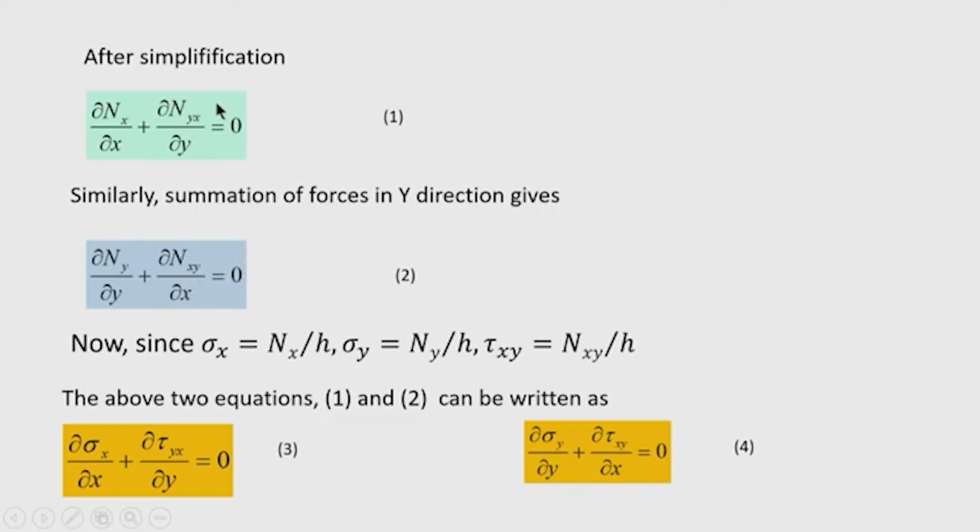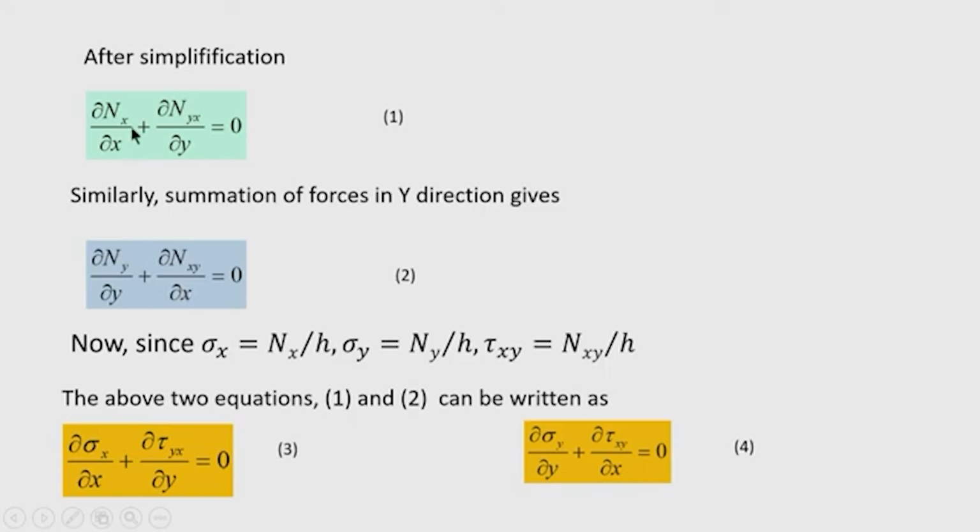So, these two are the equations of equilibrium in the x and y direction, and this is possible due to membrane action of the plates. So, the plate will resist these lateral and axial forces, and this will establish the equilibrium of the forces. Okay.